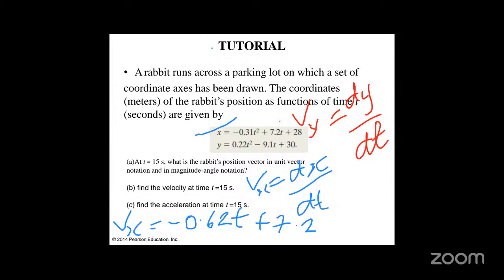Now, remember that the question says at t equals 15 seconds. So it means that we are going to substitute for t as 15 seconds. So that will give us minus 0.62 times 15 plus 7.2.